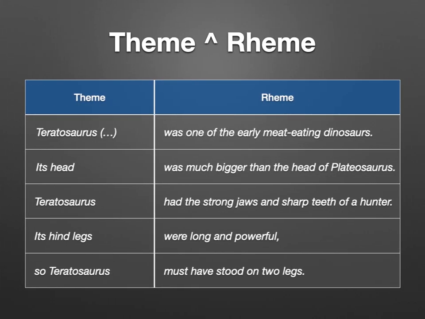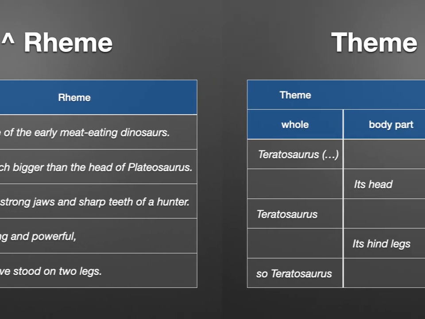As in the display of the analysis of the folktale, we can simply tabulate the successive clauses, theme plus rheme. So we can scan for patterns. Teratosaurus, its head. Teratosaurus, its hind legs. To help us see what's going on, this switch between the whole creature and body parts, we can separate them into columns.